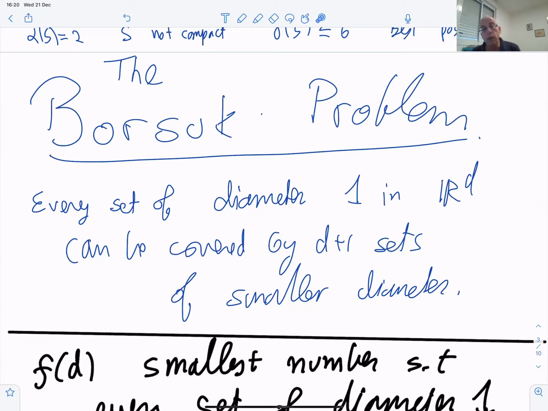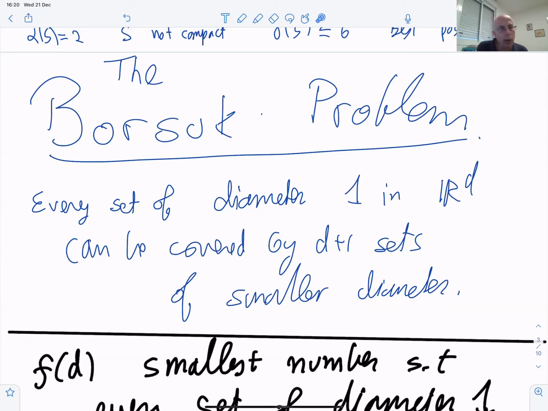I think Borsuk posed it as a problem: is it correct? It was posed in 1933, and then was settled in 1993, so about 30 years ago, in the negative, and there were various partial results in the other direction. I'll talk about it.